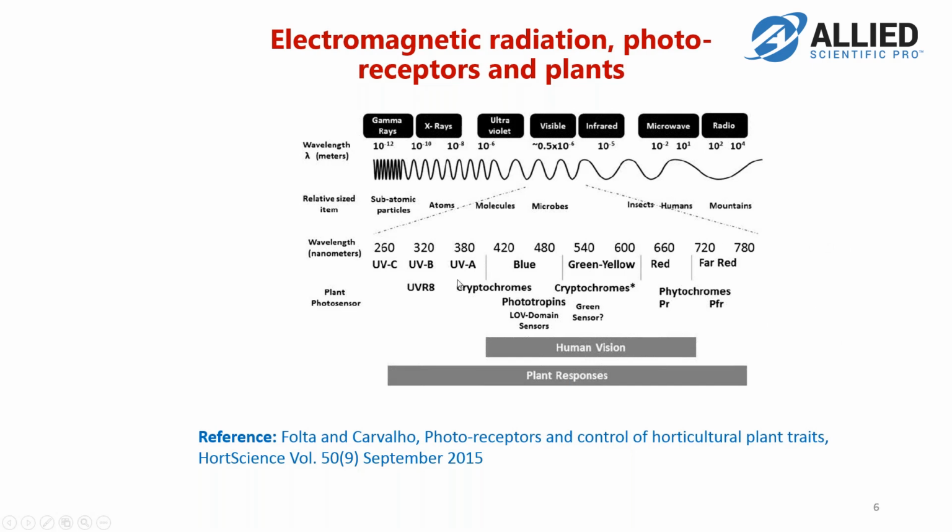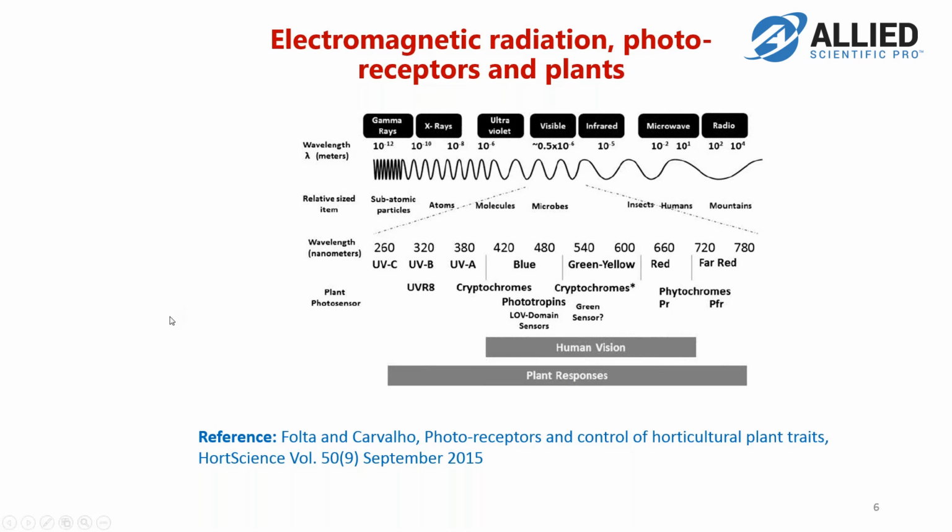That's why we are restricted to this region from around 260 to 780. We have taken this diagram from the reference by Fulton and Carvalho, Photoreceptors and Control of Horticultural Plant Traits from the University of Florida, which is the main reference for this presentation.